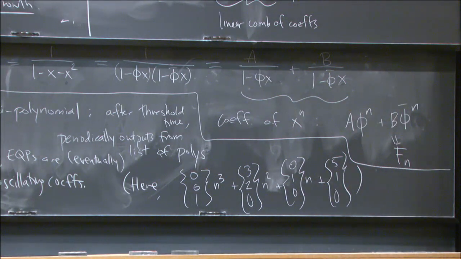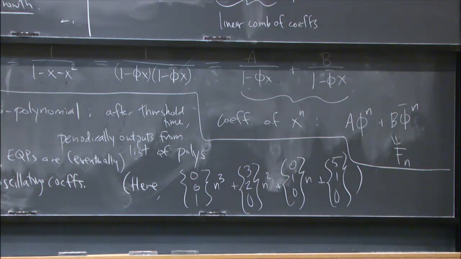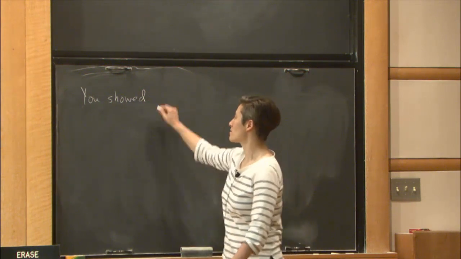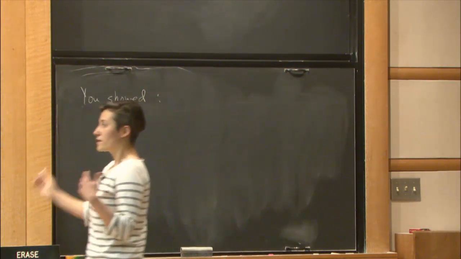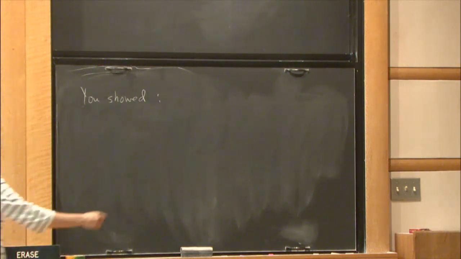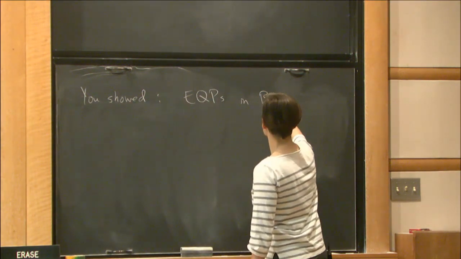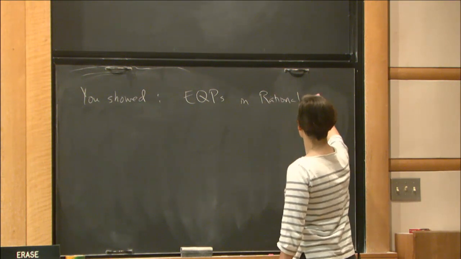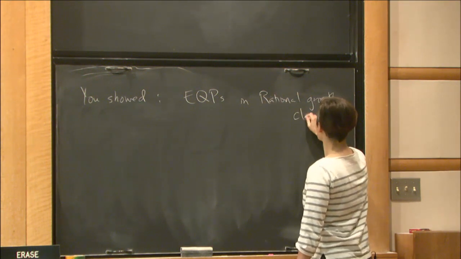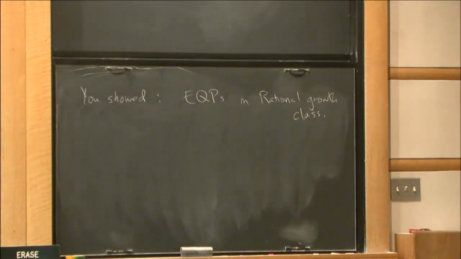Okay, so the idea was, you showed, perhaps, if you got to think about this, that EQPs are all in the rational growth class. Okay, so let's say out loud some of what goes into this.